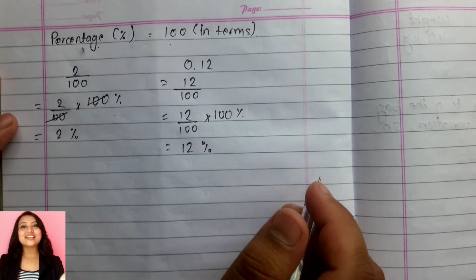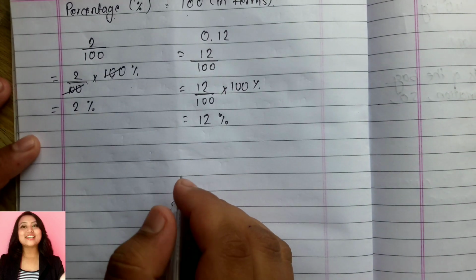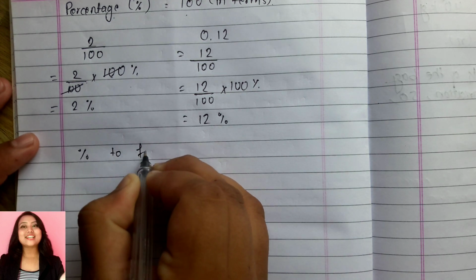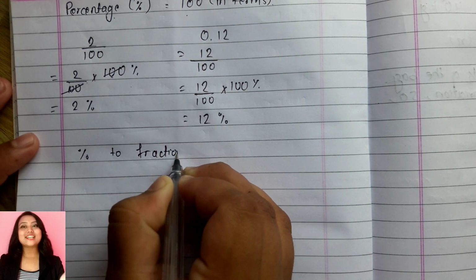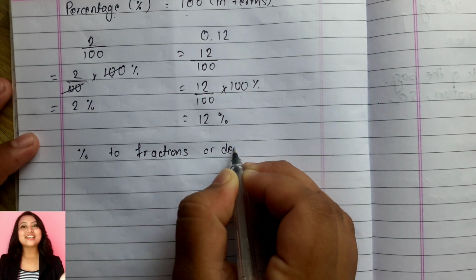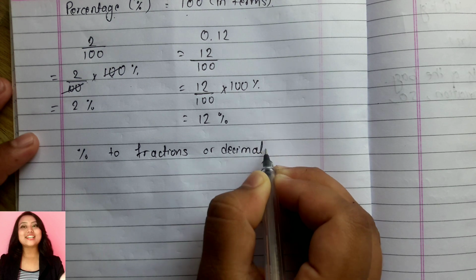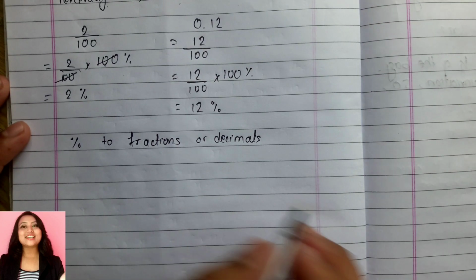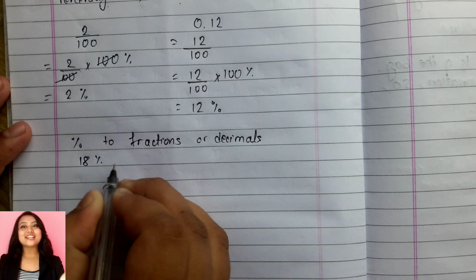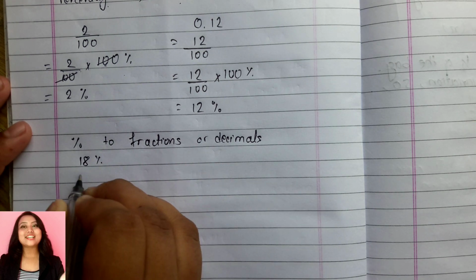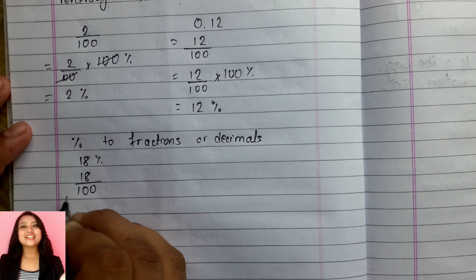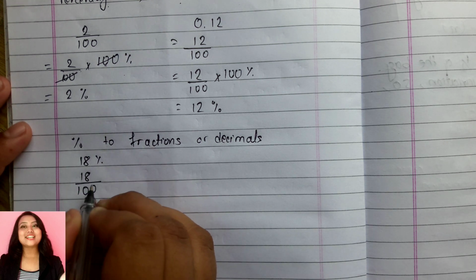Similarly, a percentage can also be converted into a fraction or decimal. Suppose 18% is given and you have to convert it to a fraction. Then it is equal to 18 upon 100.